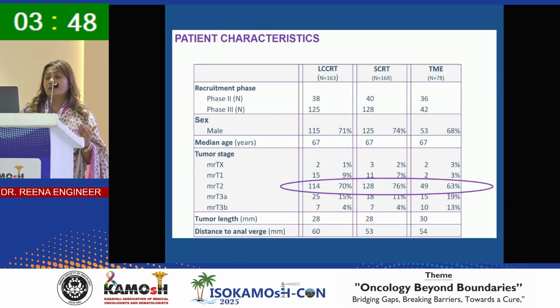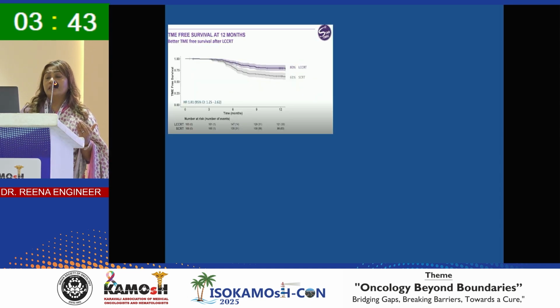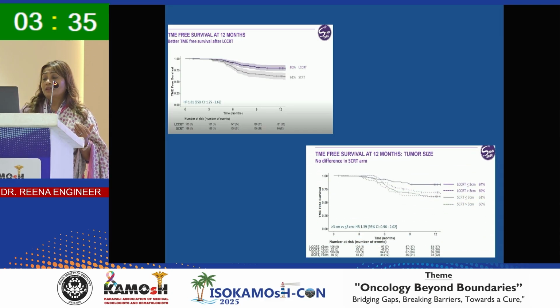You see the majority, 70%, were T2 tumors, and the TME-free survival was much superior in the long course arm versus the short course arm, 80% versus 61%. But when they looked at the small tumors, less than 3 centimeters, whether you give short course or long course, it didn't make a difference. So when you have bigger tumors, long course chemoradiation definitely wins over short course radiation.